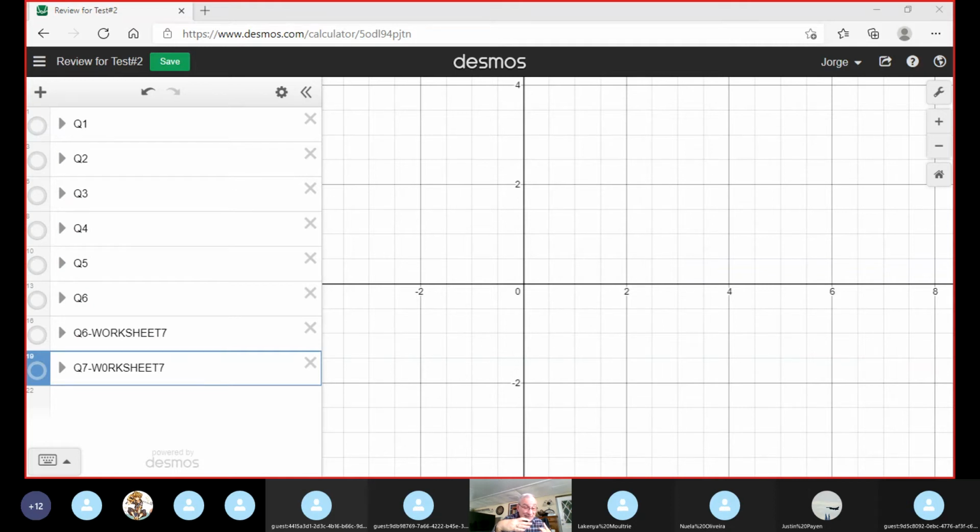Dependent is when you have the same graph or the same line. Okay, so dependent is when they overlap. Exactly. End of the story.